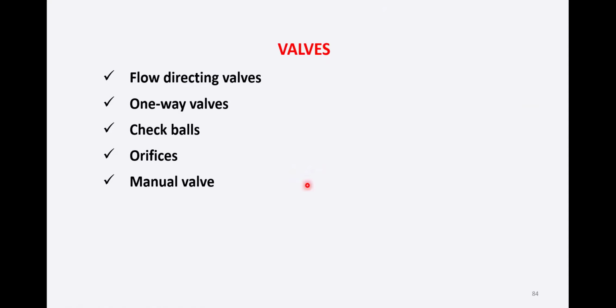One is blocked and the fluid from one passage goes to the upper passage. If the ball is like this, the fluid is coming from the right passage and going to the upper passage. Or in this case, if it is on the right, the fluid is coming from the left passage and going to the upper. So check valves are used in the valve body to allow hydraulic circuits to share a common passage. In some of the check valves, we use a spring for the return action also.